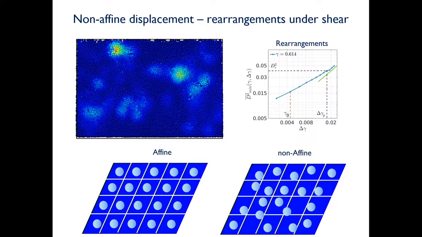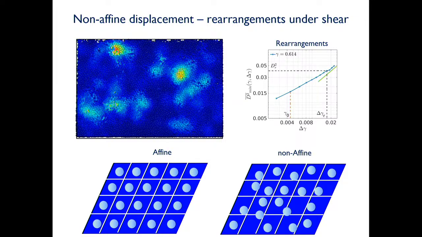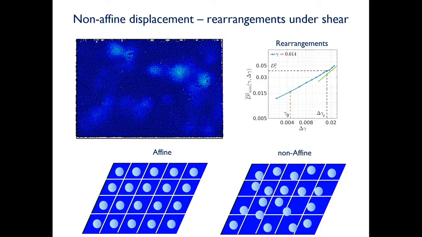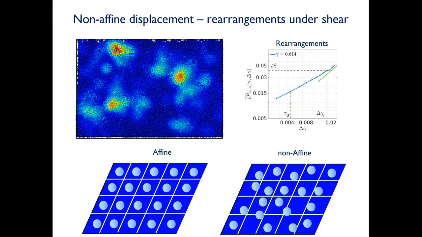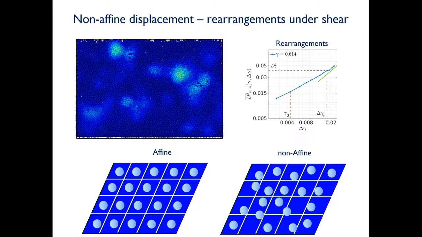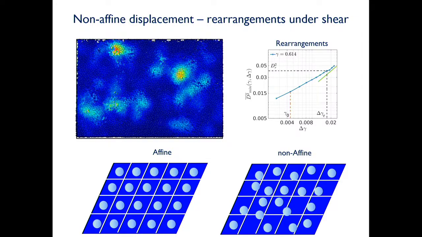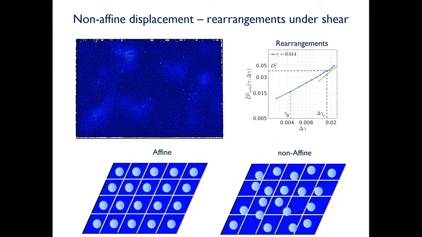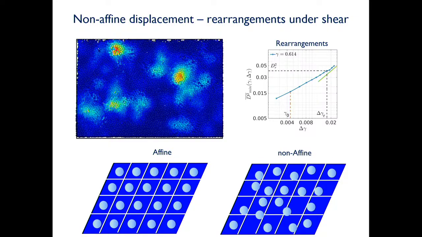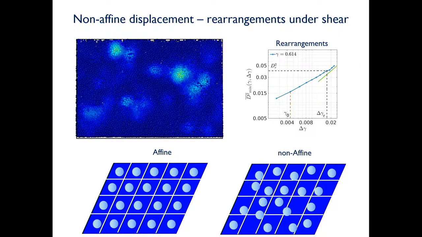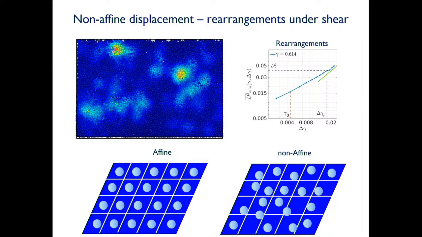We also identify the scale of the non-affine displacement. If you look at the particle motion over the strain scale, delta gamma, and a particle has a non-affine displacement greater than delta r, then we call that particle rearranged, okay? That particle has undergone rearrangement. That's how we identify rearrangements in our system.